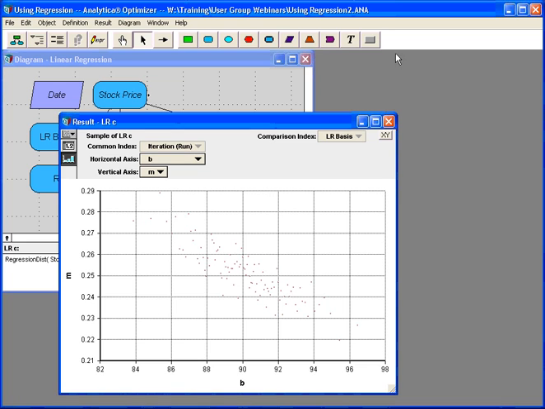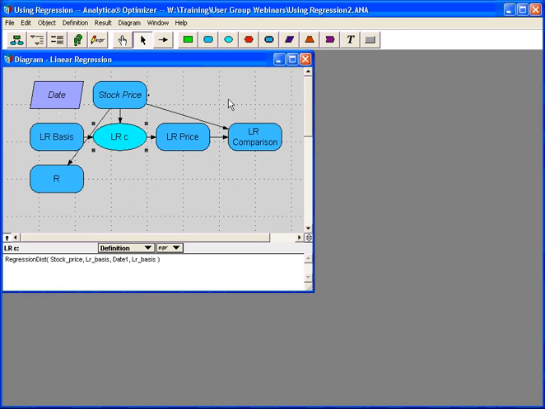Now, a second thing is that each data point that was generated, if we imagine the stock price was being generated by a linear process with noise each day, we could estimate what that noise is. If we assume it's the same noise every day, there's another function in Analytica called regression noise.